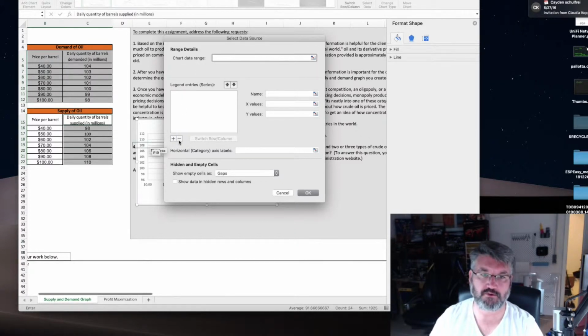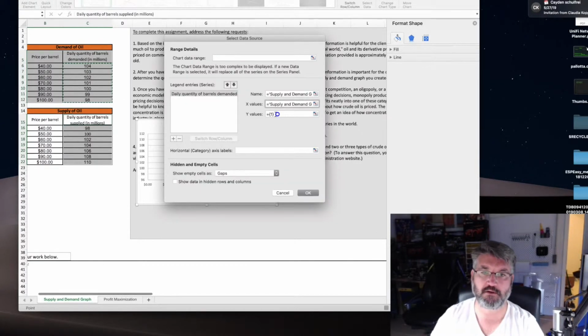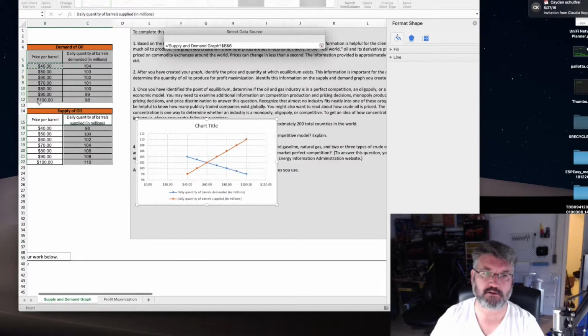Now we want to provide a new one for the demand quantity. Place your cursor in Name and click on that, and then the X values, which are the quantities, and the Y values will be the price.